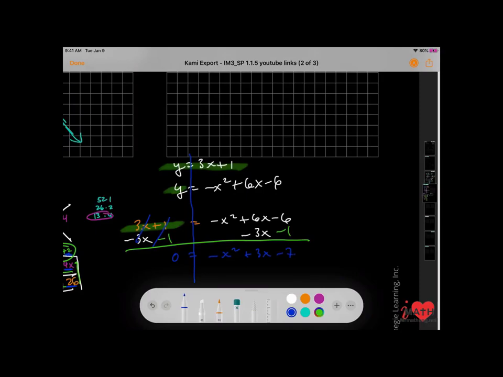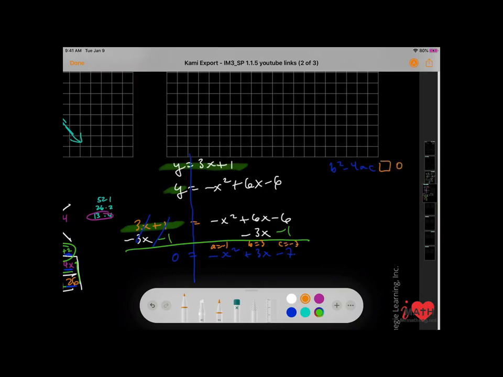Okay, remember here you can use the discriminant to check how many solutions you're going to get. So the discriminant is b squared minus 4ac. And my a is -1, b is 3, and c is -7. Let's put that in and see what we get.